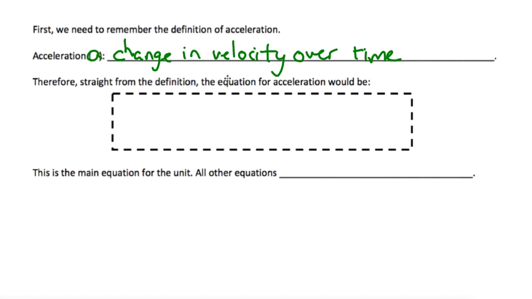Therefore, straight from the definition, the equation for acceleration would be acceleration equals change in velocity. So the symbol we have for change is delta. So delta v over time. So an amount of time would be delta t. Acceleration is change in velocity divided by change in time.